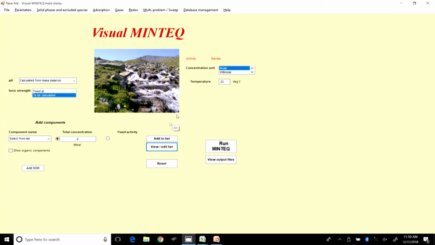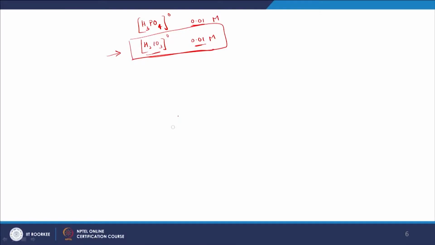Let me first identify the relevant species here. So what are the species here? They are going to be H3PO4, H2PO4 minus, HPO4 2 minus, PO4 3 minus, and then the carbonate system. This is from the phosphoric acid conjugate acid-base systems, H3, H2, H and PO4, with the relevant charges.